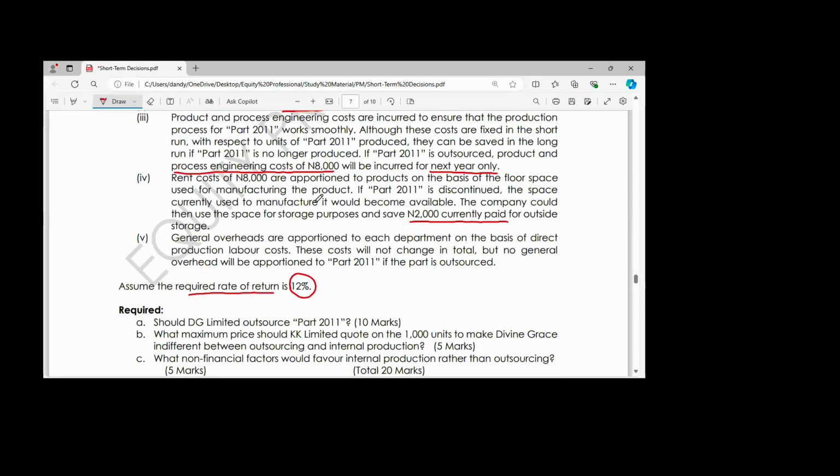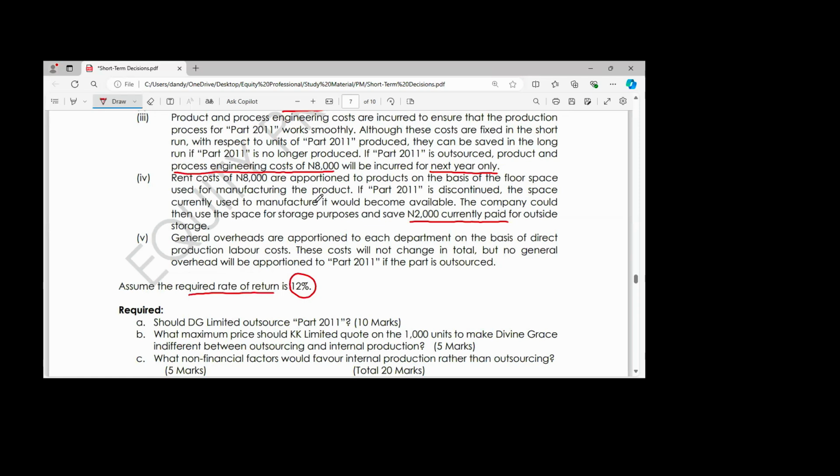So in this case, what you are supposed to do first is to accumulate all the costs that will be incurred by the company internally. If the company wants to make part 2011, what are the relevant costs that you are going to incur?